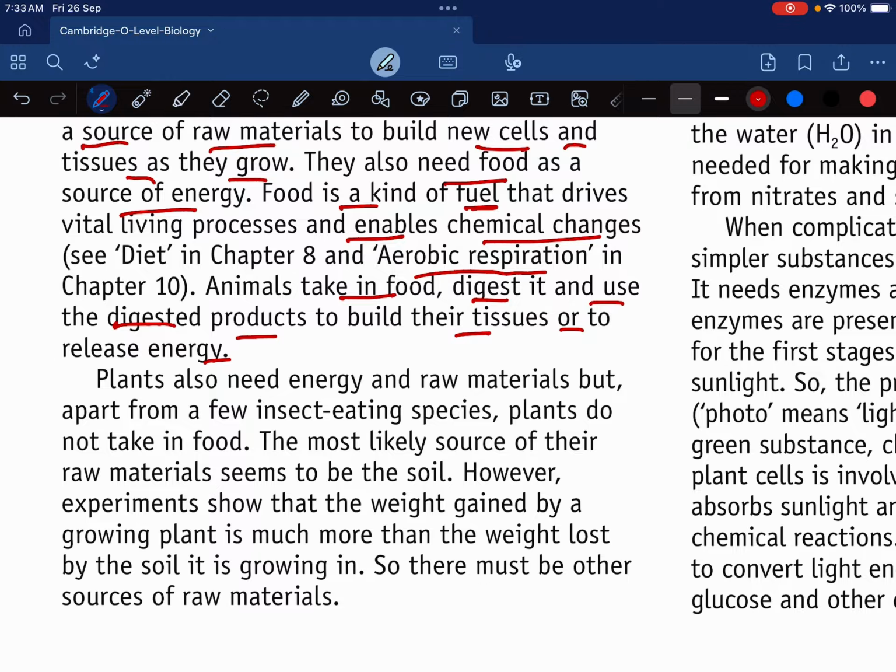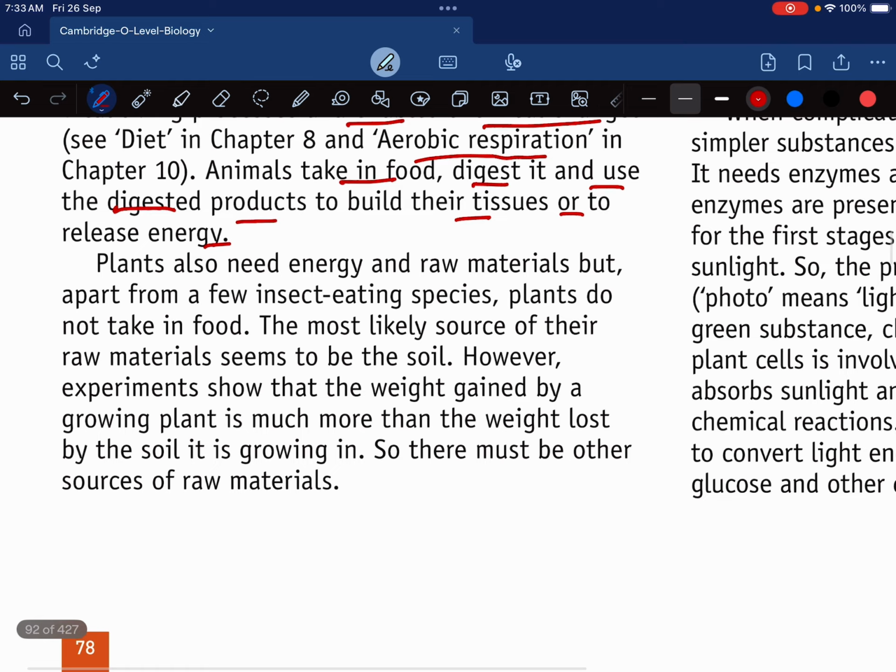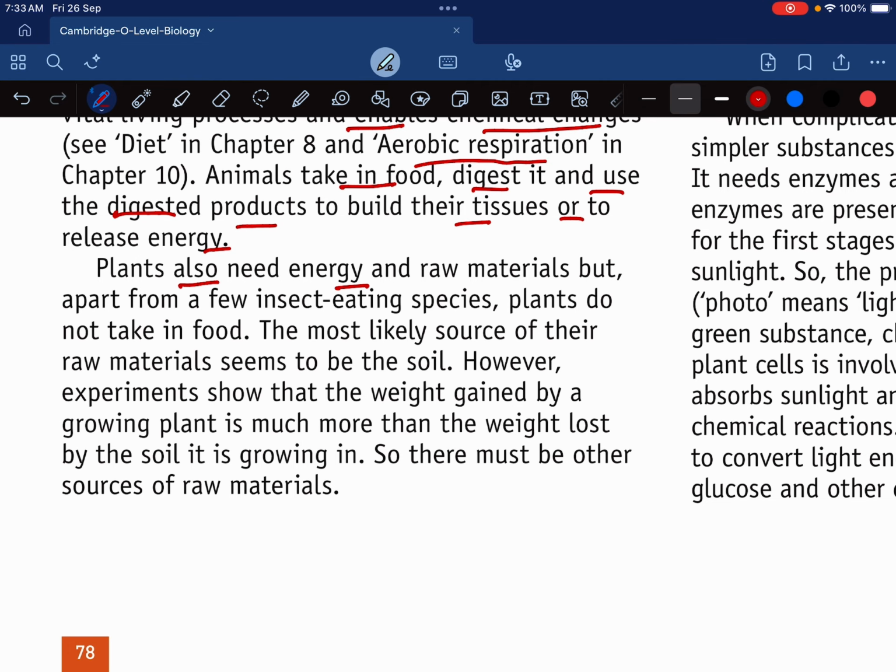As we learned, whatever we eat goes inside our bodies, and then our bodies digest that food, utilize it to make other tissues and to carry out different functions of the body. Now plants also need energy and raw materials, but apart from a few insect eating species, plants do not take in food, right?